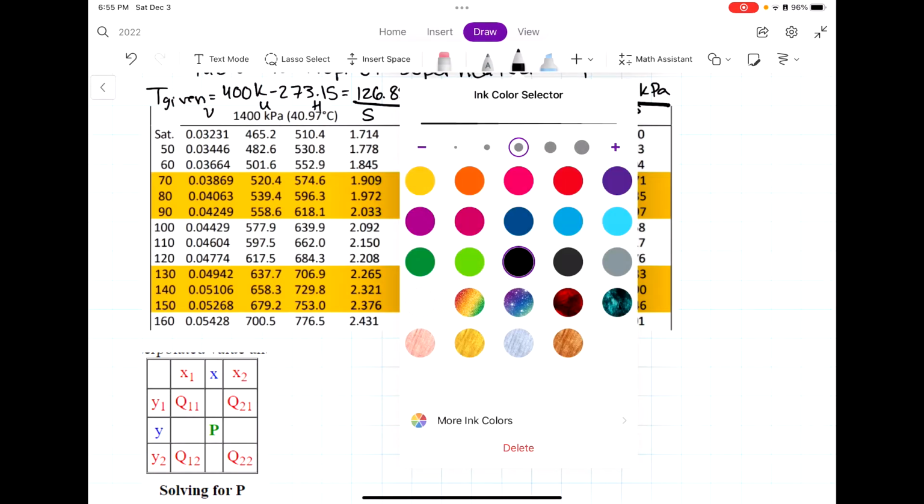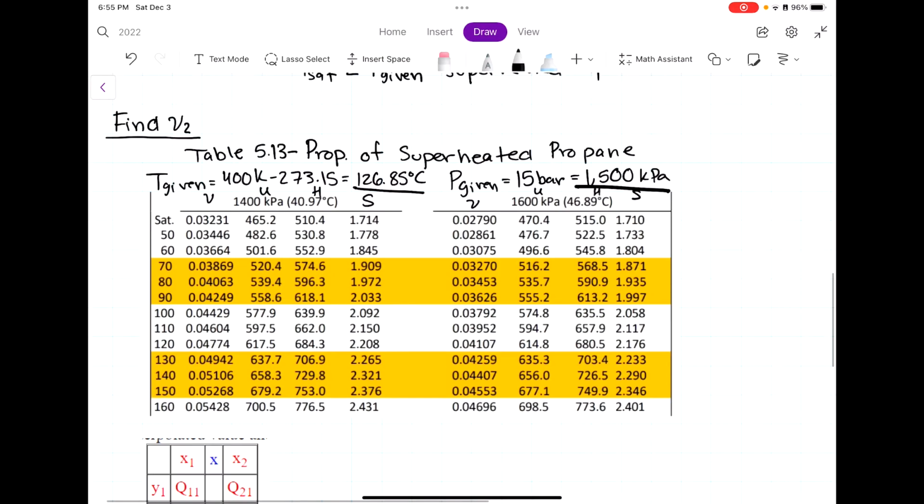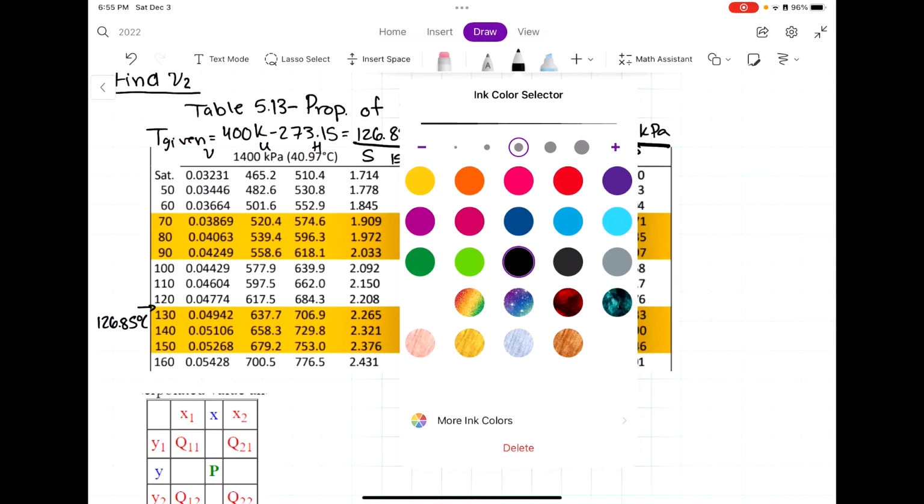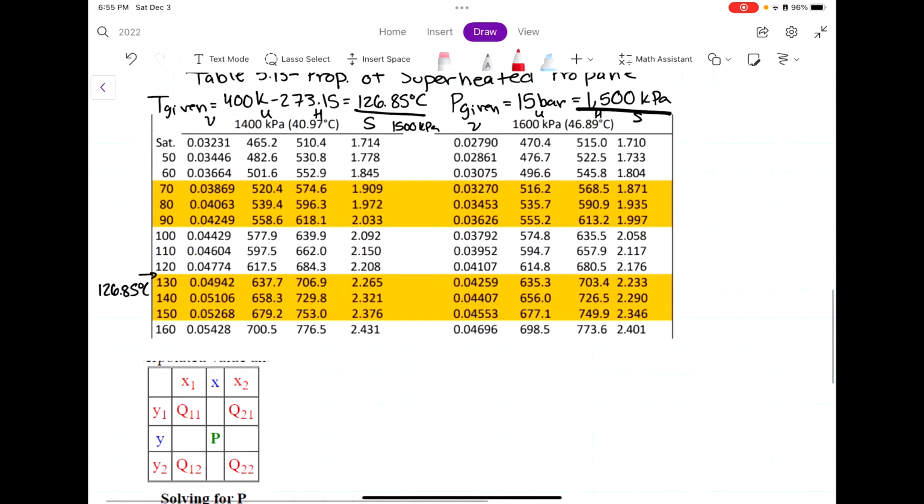So we're going to actually have to do double linear interpolation in this case. We don't have the 1500 kilopascal tables, so we're going to have to interpolate for that. And we also don't have temperature at 126.85, so we're going to have to interpolate between these two for the value of 126.85 degrees Celsius. I'm going to take note of all the numbers I'm going to need for double interpolation.